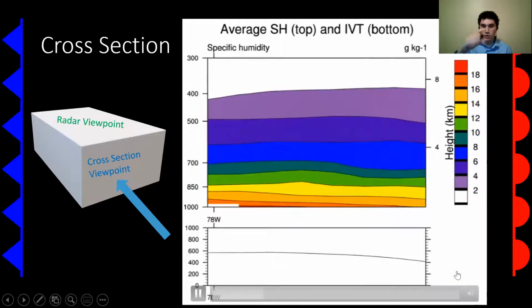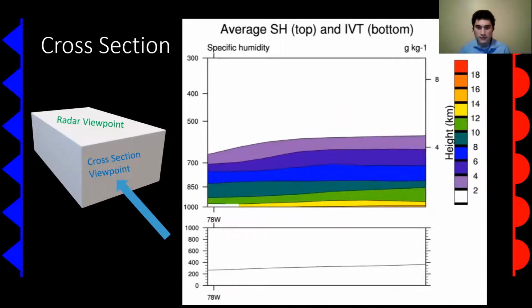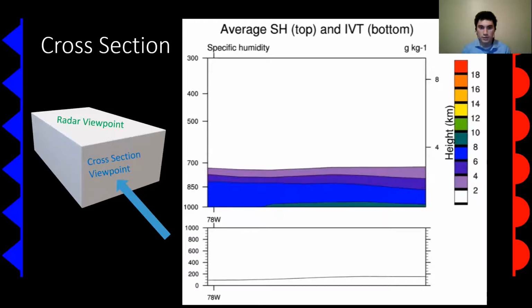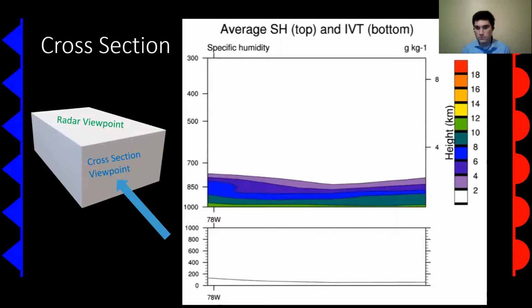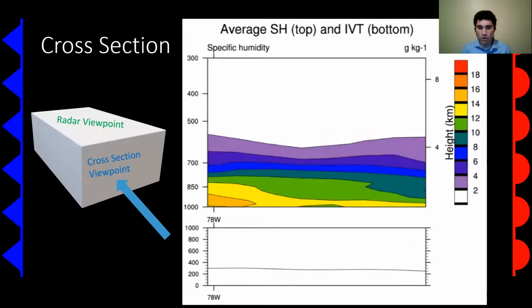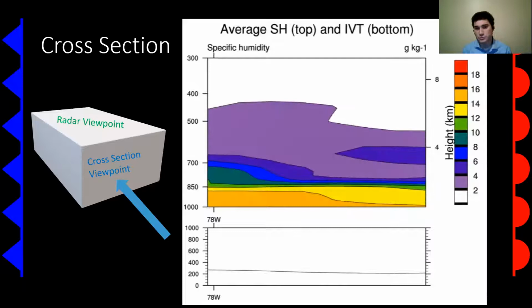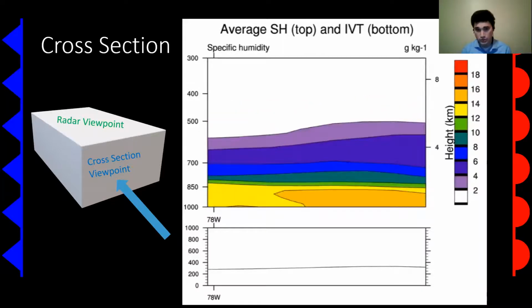So when you see more colors and higher specific humidity, you can also see that the IVT value goes up. And so we just saw it. There's another example that'll show up really shortly. And so this is important in terms of looking at big AR category events. And so this is something I hope to explore more in my semester 2 research.